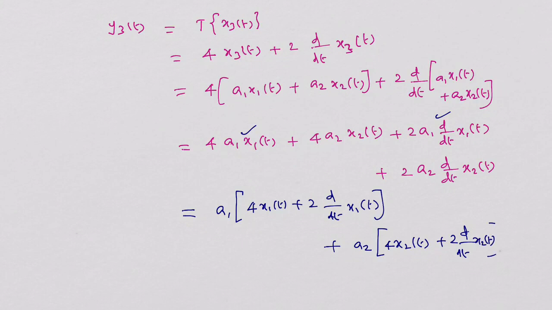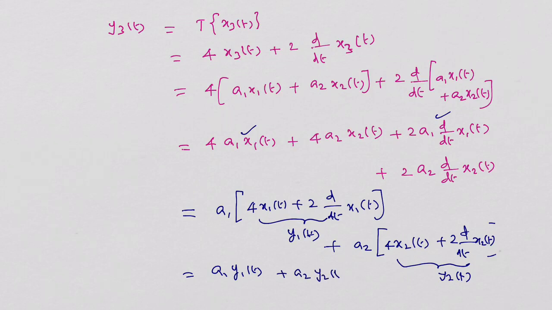You can identify that this portion stands for y1 of t and this represents y2 of t. So this will be equal to a1 times y1 of t plus a2 times y2 of t. So y3 of t is equal to the sum of the weighted responses. Therefore, the system is said to be a linear system.